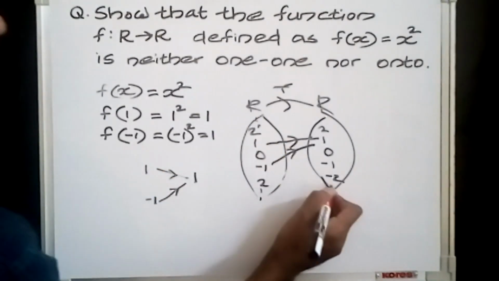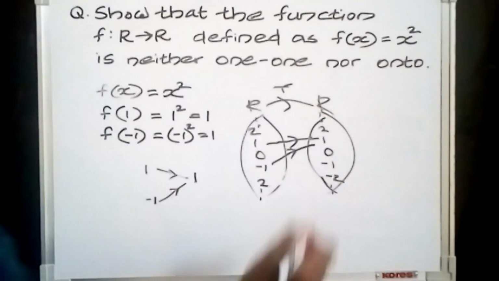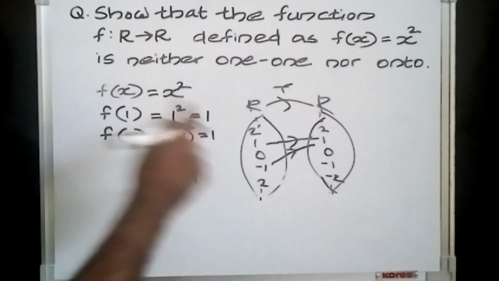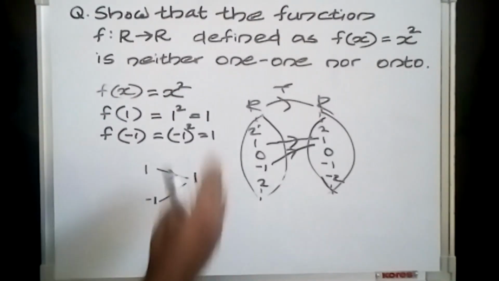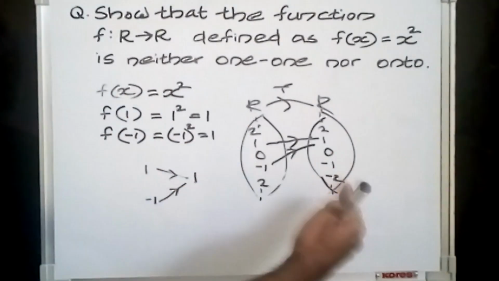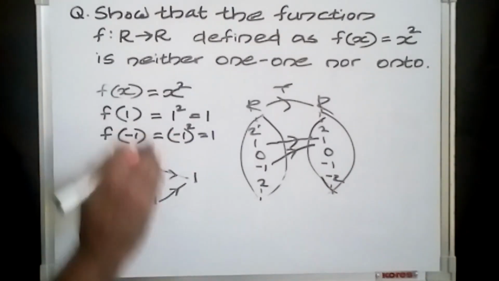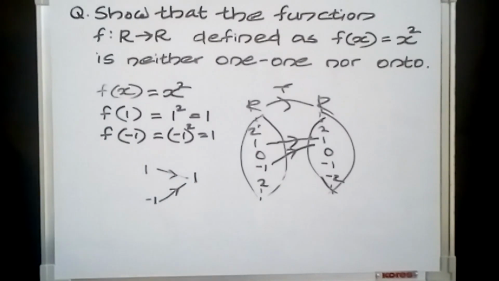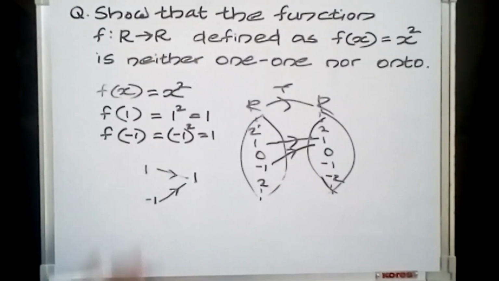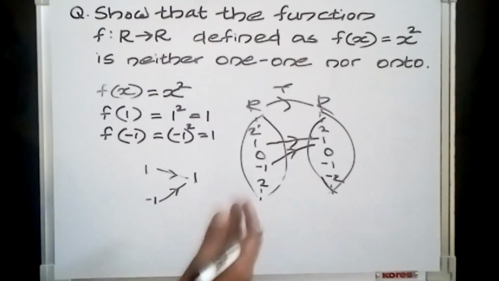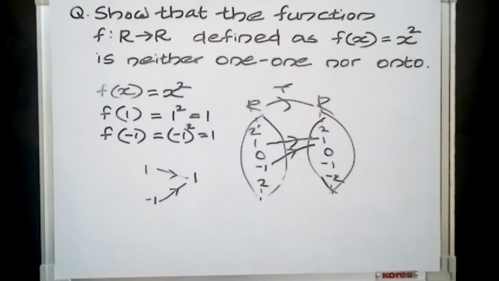To prove that the function is not onto, we know that the function is defined as f of x equal to x squared. That is, real numbers are squared. If we take the square of any number, we will get only 0 or positive numbers. We will not get negative numbers.